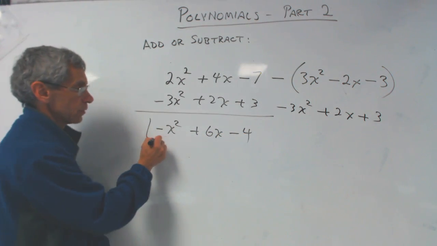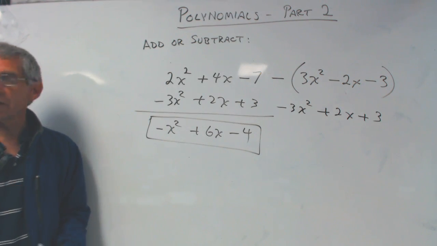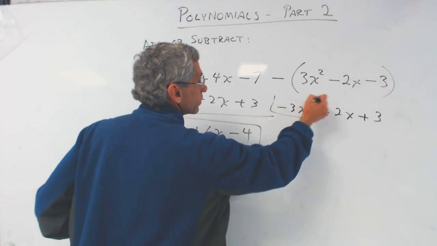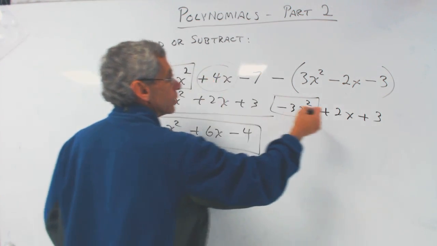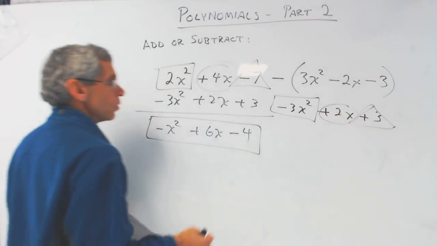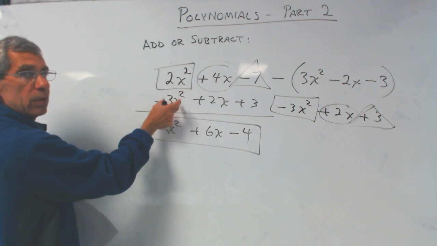And that's my answer. You with me? So I'm showing you two different ways. One way is to match the box, the circle, and the triangle. Or you could just put them underneath each other, lining up the like terms.